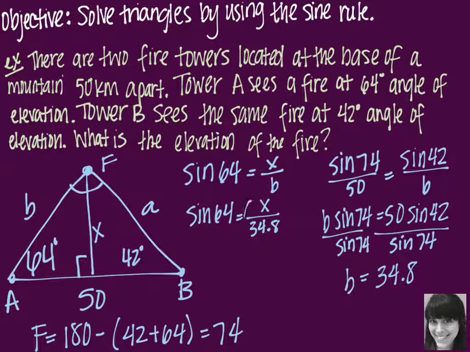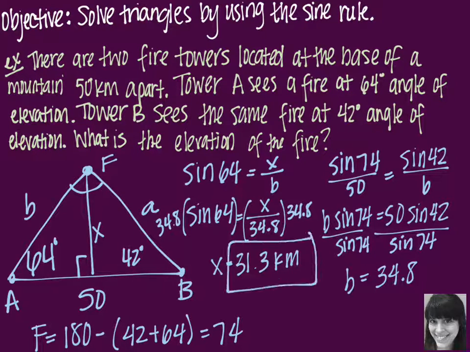And then I multiply both sides by 34.8. And so we get x equals, if you put that in your calculator and round, you should get 31.3 kilometers. That is the height of the fire.